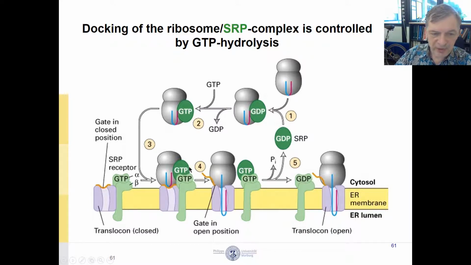So the complex gets formed of this and of that. The complex is formed. This diffuses off because the ribosome now makes a tight complex with the translocon. The translocon opens up. The other complex diffuses off and restores its components by hydrolysis of GTP to GDP, as you remember.